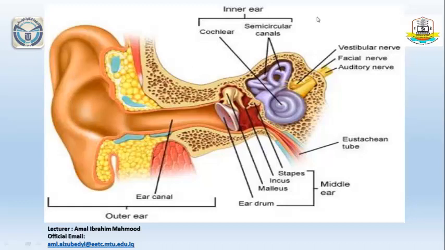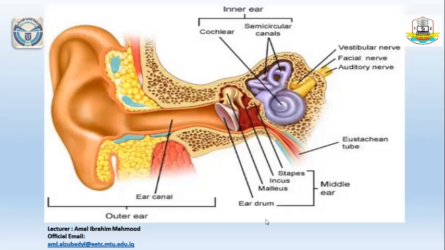In the middle ear, there are three tiny bones called ossicles: malleus, incus, and stapes. These tiny bones form a bridge between the eardrum and the inner ear. Their interaction increases and amplifies the sound vibration further to the inner ear.